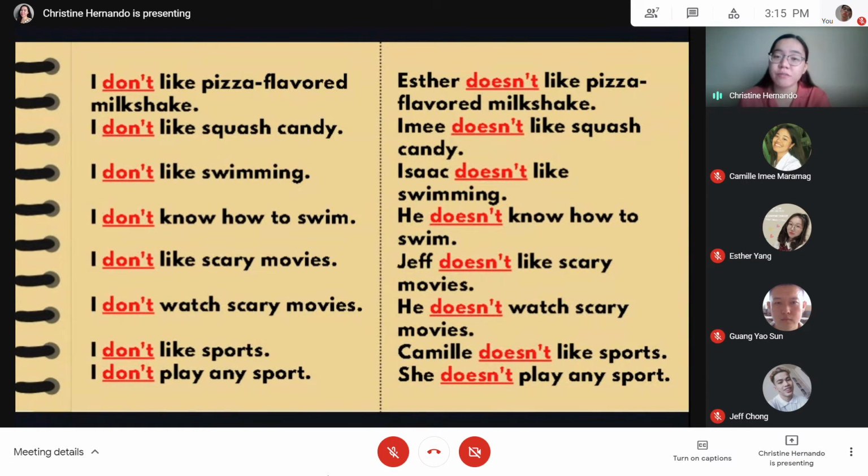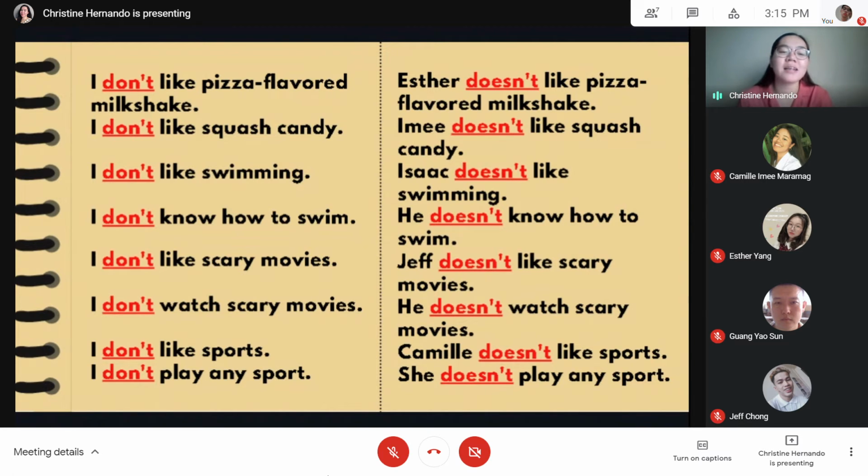However, this explanation about the use of doesn't is insufficient because when you look at the left portion of our slide, we have here the pronoun I, right? I is actually also a singular pronoun. It is also a first person singular pronoun.